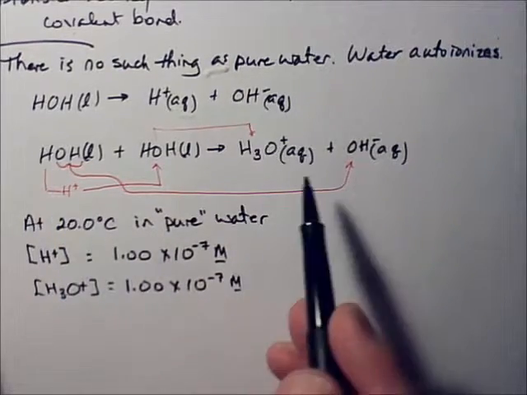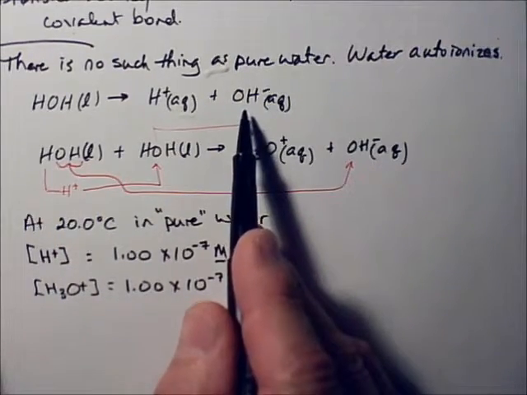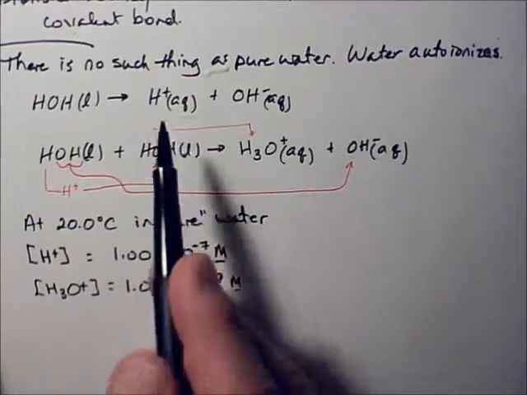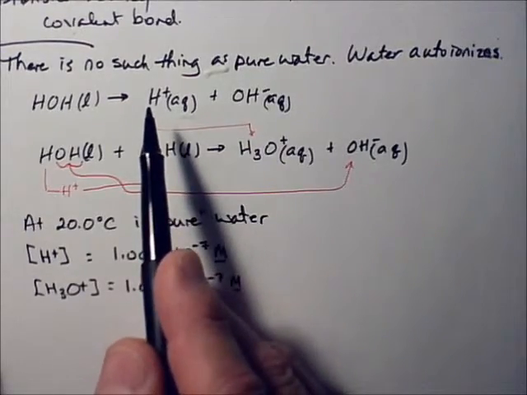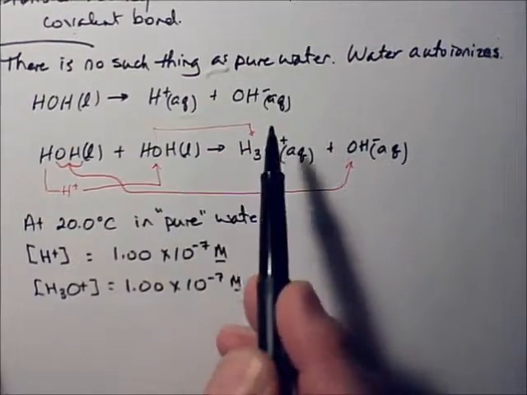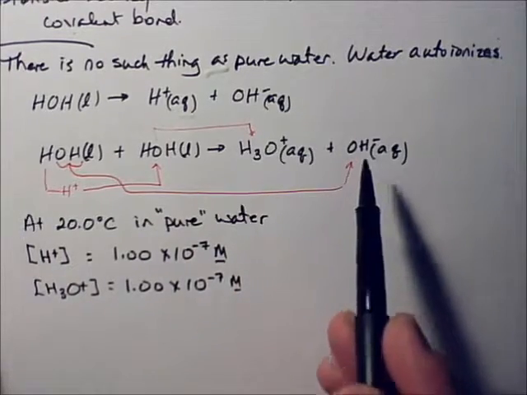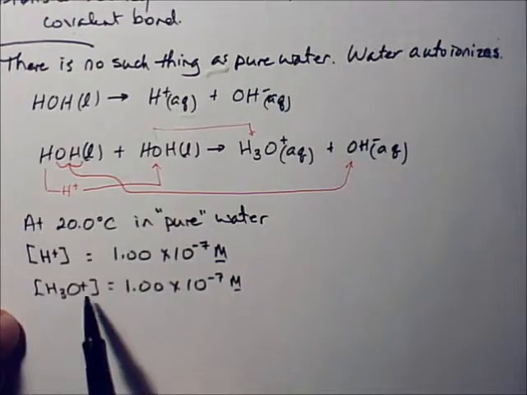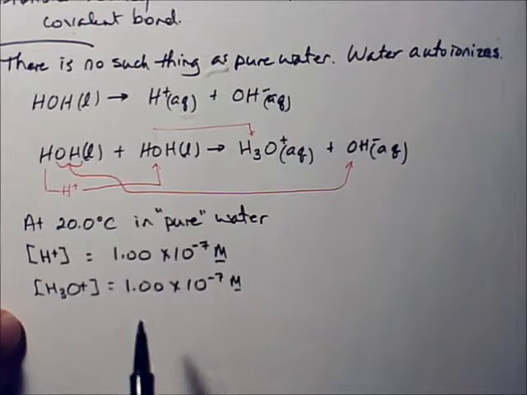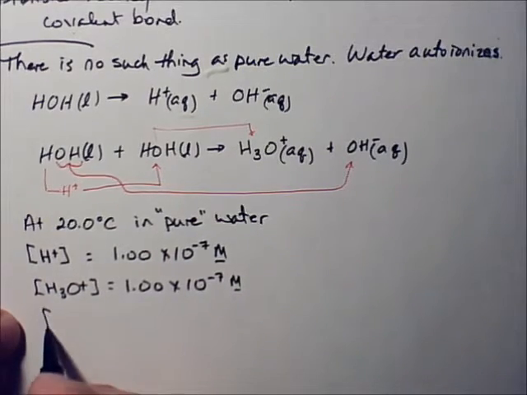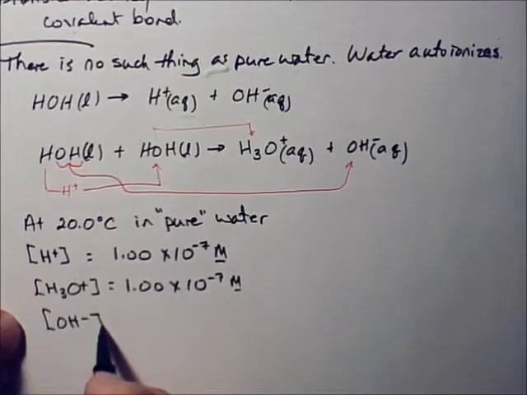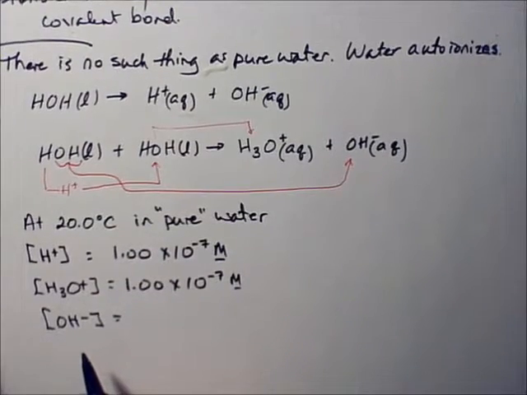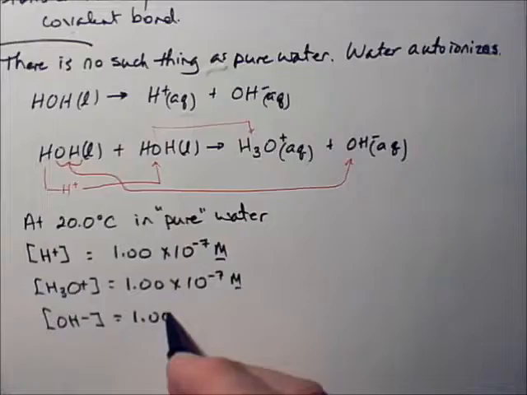Every time we break up a water molecule, we also make a hydroxide. Every time we make a hydrogen ion or hydronium ion, we also make a hydroxide. So if the concentration of hydrogen ions or hydronium ions is this number, what's the concentration of hydroxide? That number. It's a 1-to-1 ratio.